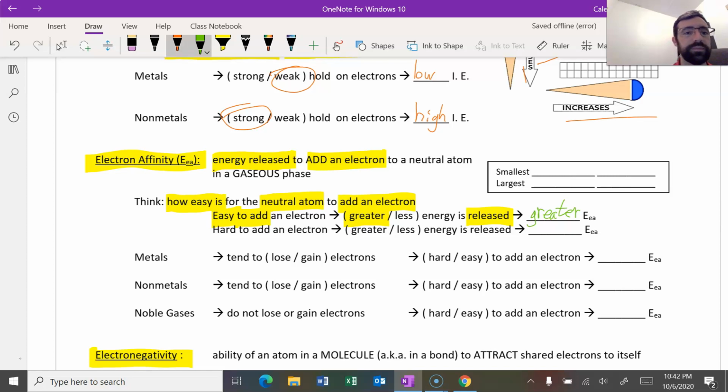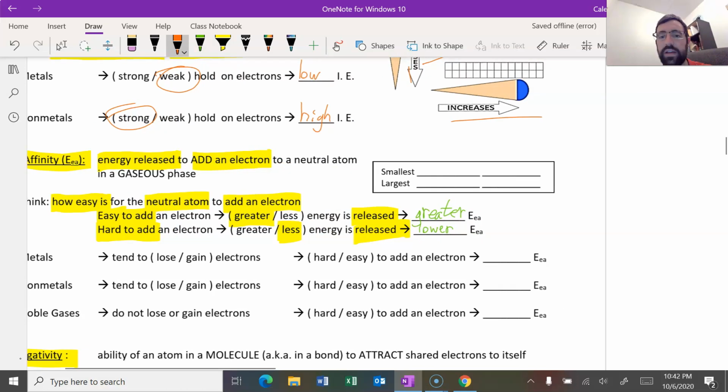If it is hard to add an electron, that means it's going to release less energy when we add the electron. That gives us a lower electron affinity.